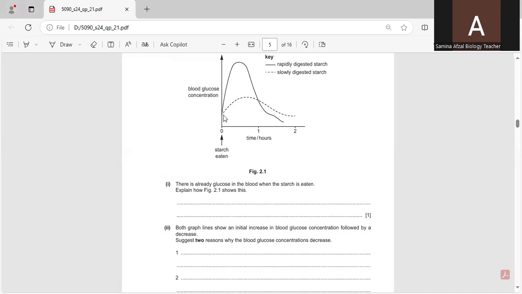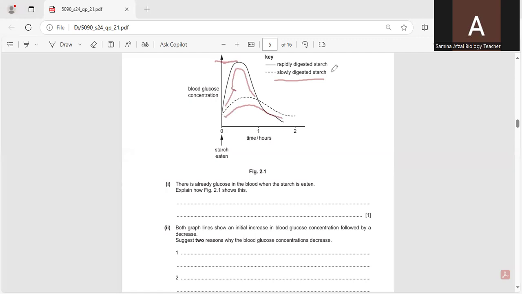In rapidly digested starch, the glucose concentration is very high when it is released, because it is increasing very fast. But in the case of slowly digested starch, the starch is released very slowly, so its concentration is not increasing at once.